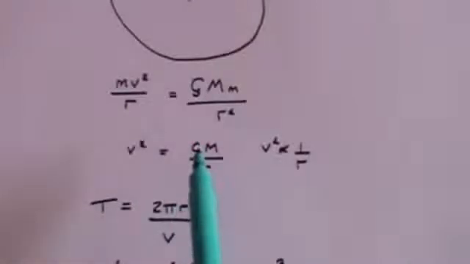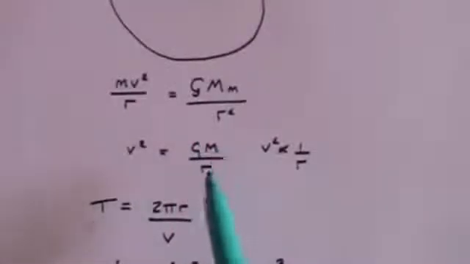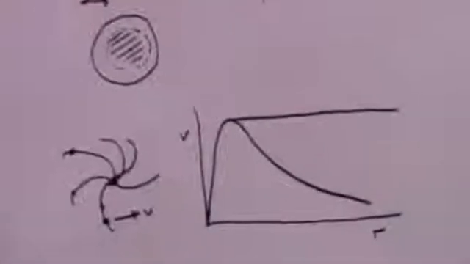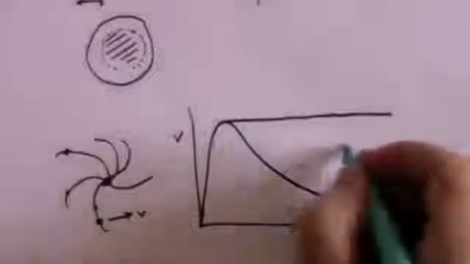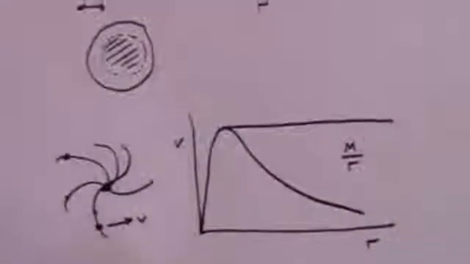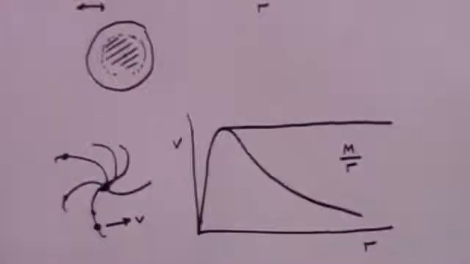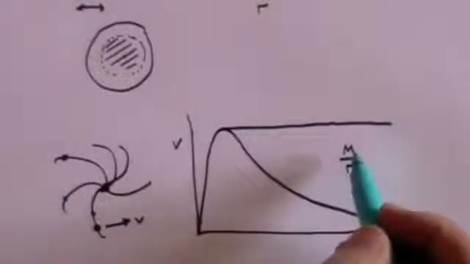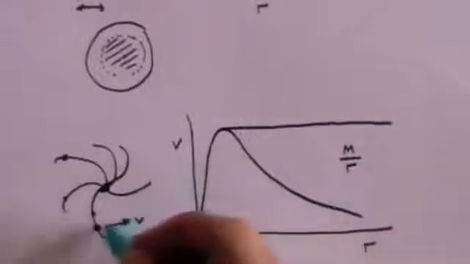Well, we know that G is constant, and that means that M divided by r must also be constant. So for this graph here, we are saying that M divided by r is a constant in order for the velocity to be a constant. But what is M? Well, M is the mass contained within the orbit of any given star.